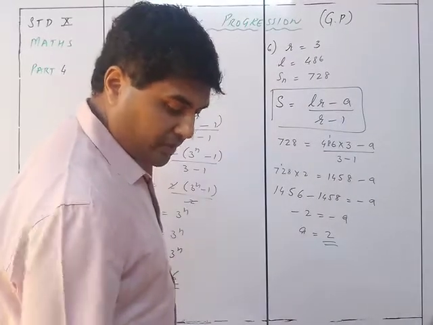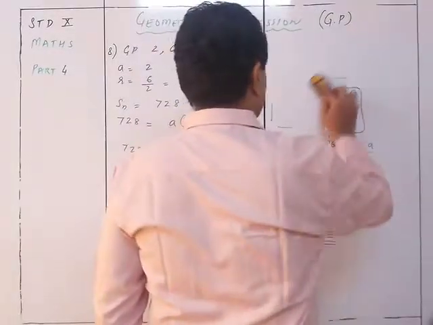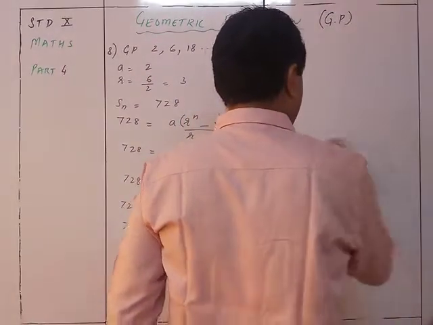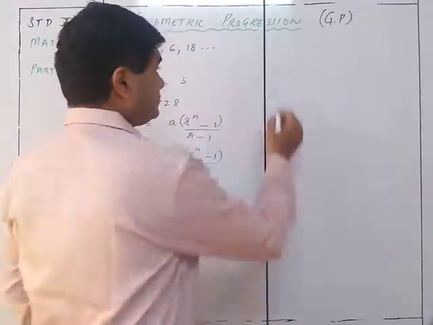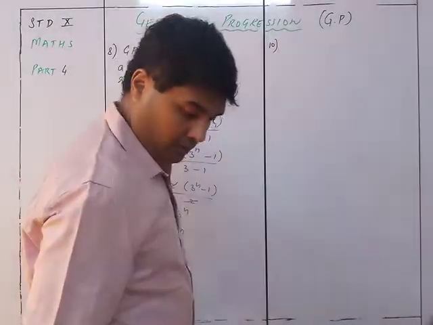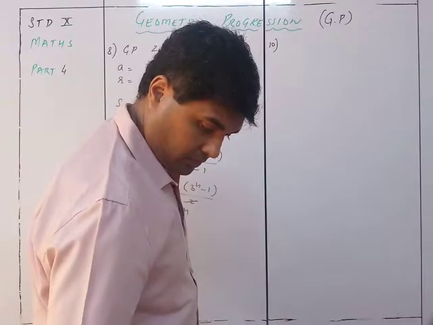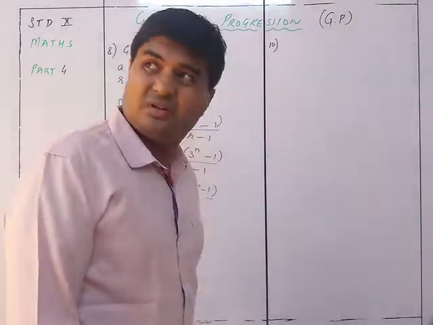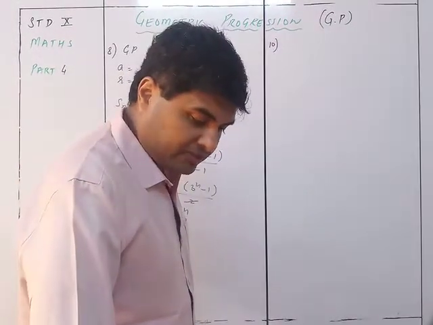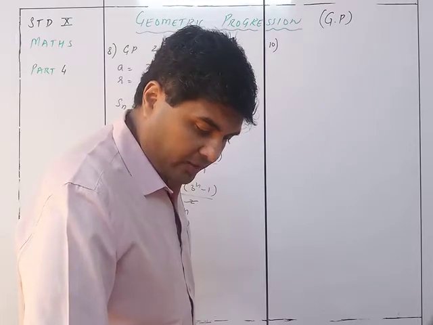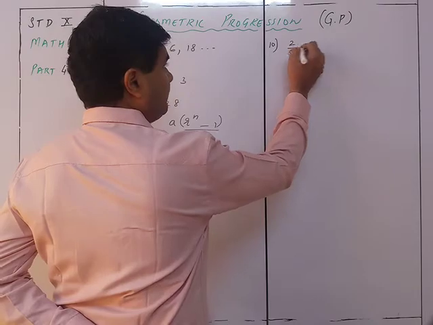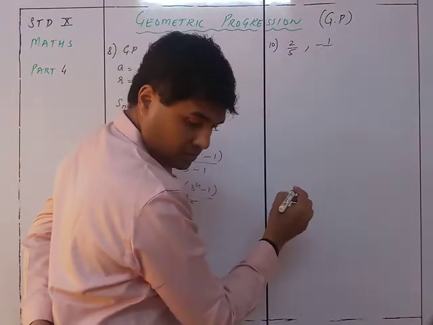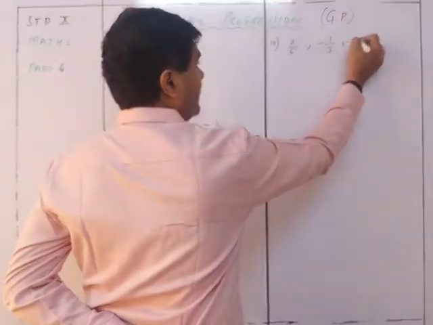We now move on to sum number 10. Find the sum of the series, the sum being 55 upon 72. So it is 2 upon 5, minus 1 upon 3, then 1 upon 2.